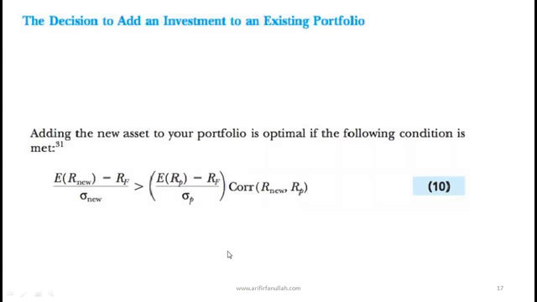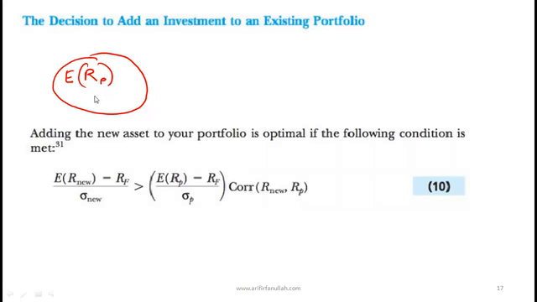Now that you are further along in your journey of becoming professional investment managers, the question is this. Let's say that you are managing a portfolio. Okay, so this is your portfolio, and currently this portfolio has an expected return denoted by ERP.